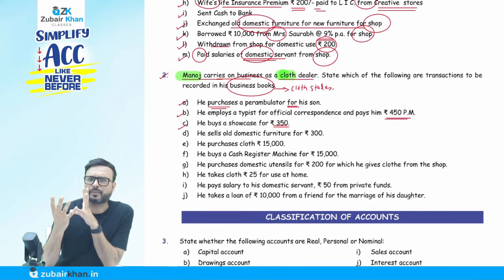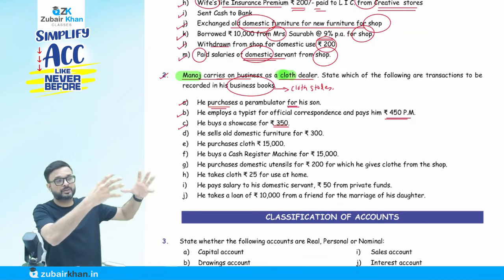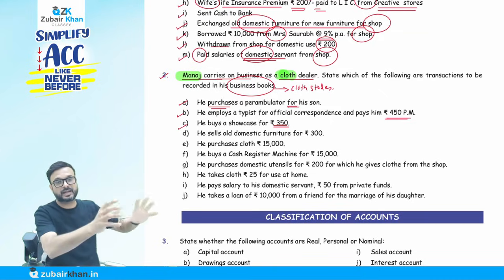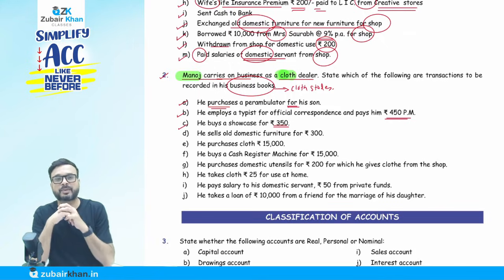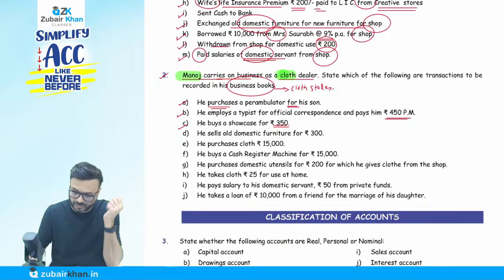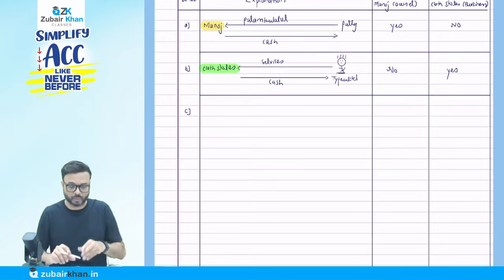Might be, not sure, he purchased the showcase for the purpose of business, like a rack to keep all the cloth in the shop. Since it is not mentioned, we assume that and note it.